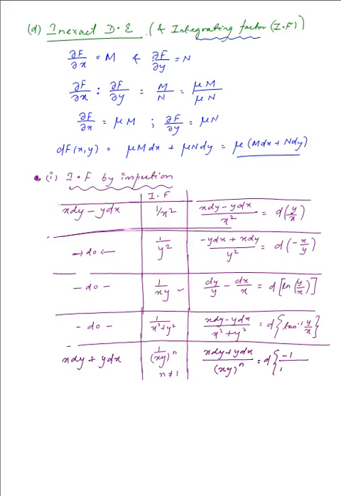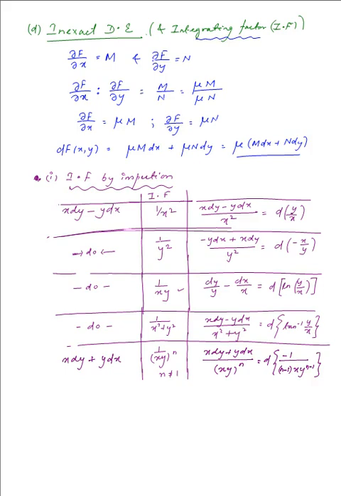You can check for yourself, it's pretty easy. You can take it the reverse way, taking the differential, and if you end up on the left hand side, that is x dy plus y dx divided by xy to the power n, then you are through with the analysis. So this is the case where n is not equal to 1, as we have taken.